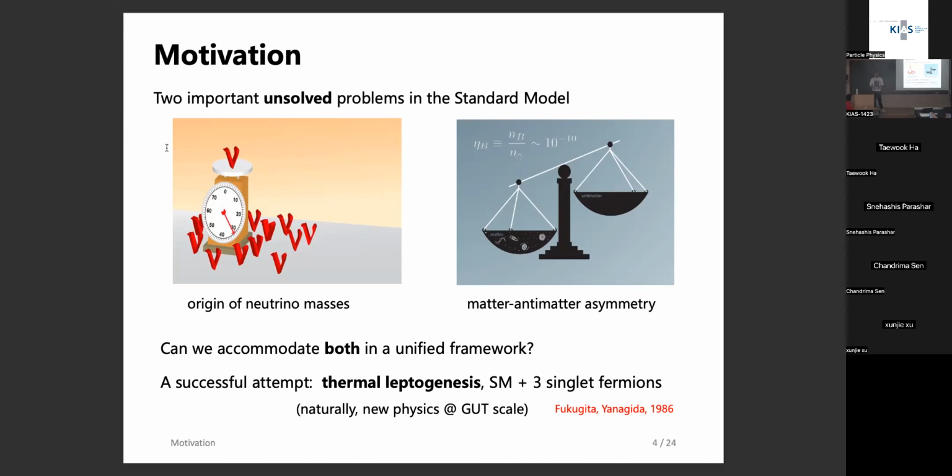This is a minimal framework that is very successful, which extends the standard model by adding three singlet fermions, or so-called right-handed neutrinos. However, in this framework, the natural scale of the new physics is very high, typically at the GUT scale. So this is difficult for us to probe using colliders.